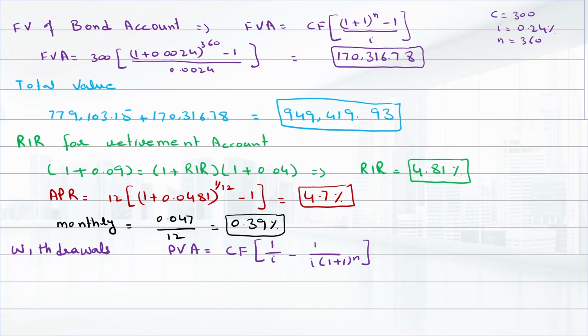So 949,419.93 is equal to cash flow times (1 divided by 0.0039 minus 1 over 0.0039 times (1 plus 0.0039) raised to the power 300), and the cash flow will be 5,388.21.